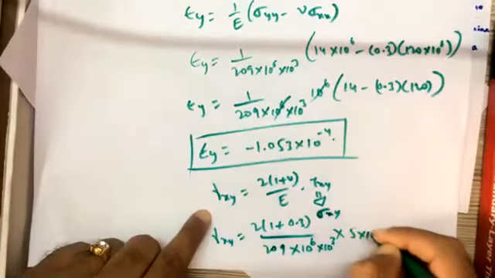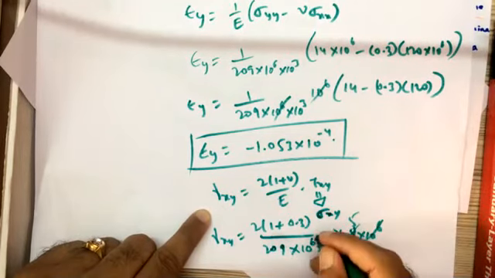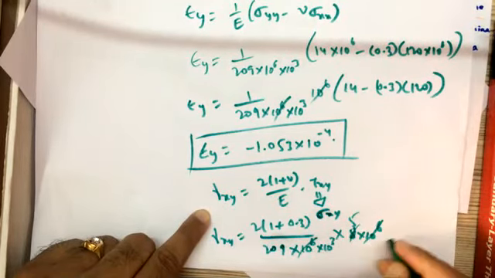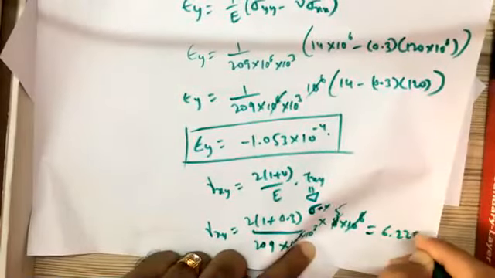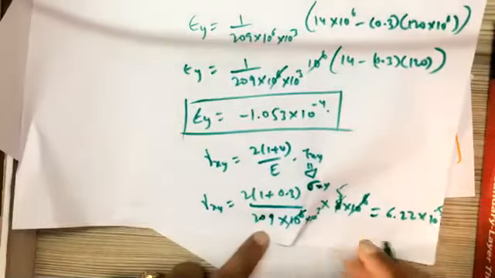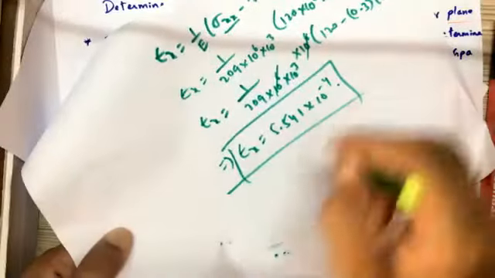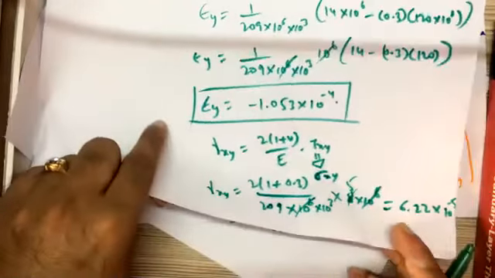So 5 into 10 to the power of 6, and the 10 to the power of 6 terms cancel. If you simplify this, you will get gamma xy as 6.22 into 10 to the power of minus 5. So we got epsilon x, epsilon y, and gamma xy.